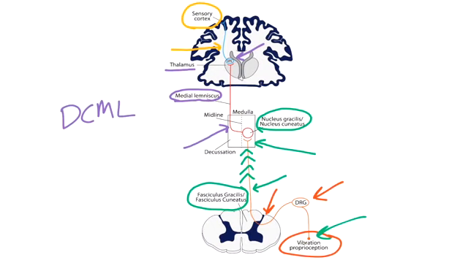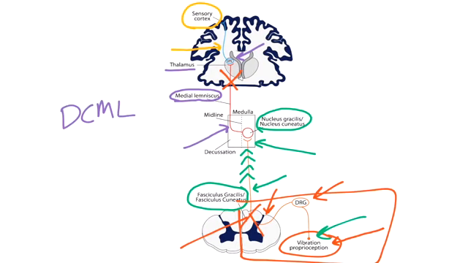If a patient has a damaged dorsal column, like right here, then they are not going to be able to sense vibration and proprioception below that level on the ipsilateral side, so staying on this side. But if damage occurs up here, following the decussation, then of course the patient would have contralateral loss of vibration and proprioception.